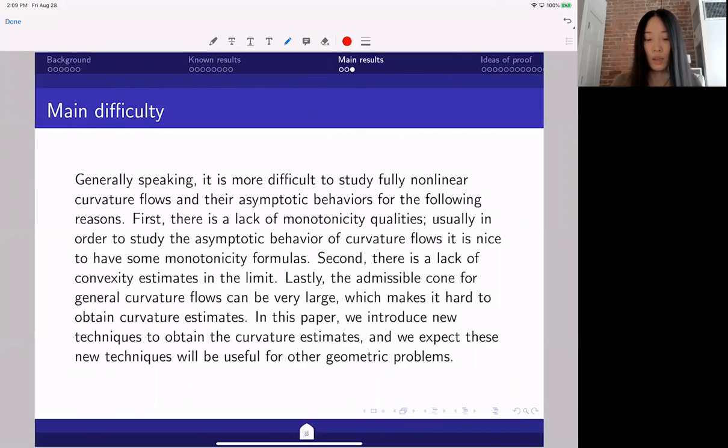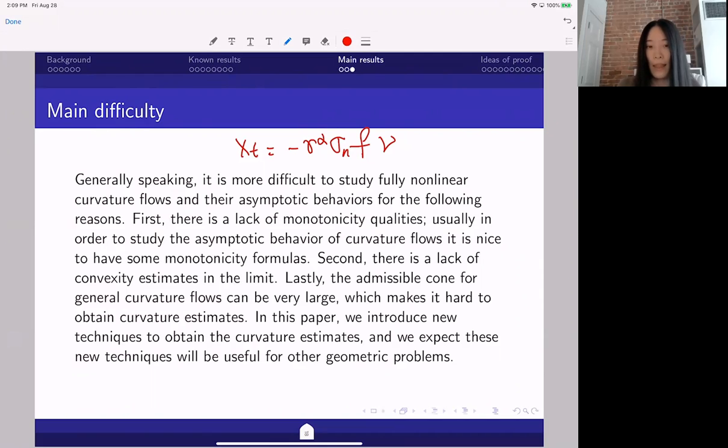Even in the earlier work of Li, Shen, and Wang, where they proved x_t equals minus r to the alpha times the Gauss curvature, which is sigma_n, times a smooth positive function f times nu, when they studied the convergence of this flow, they also used some monotonicity quantities.